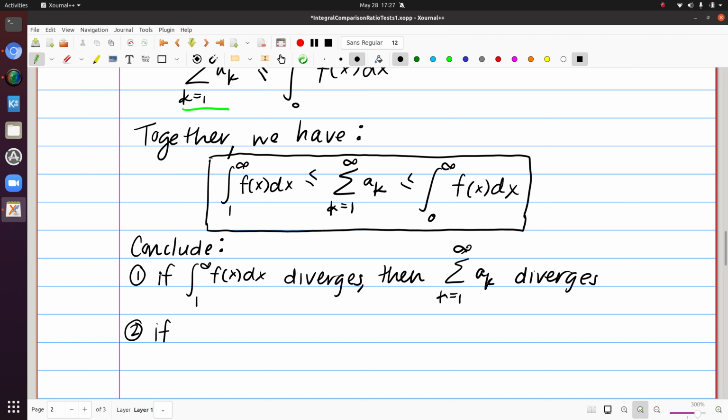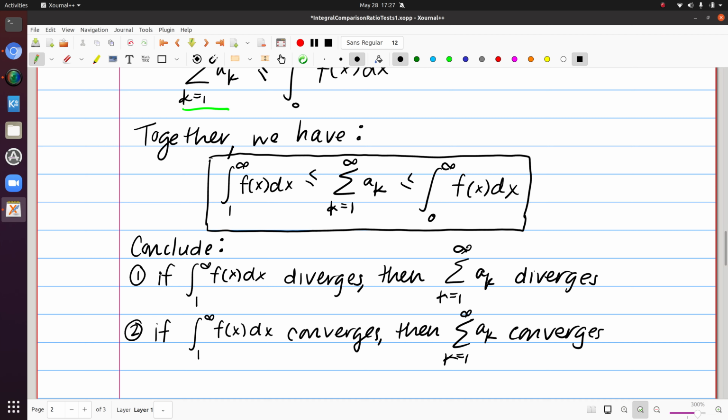The second one, which is a little bit more complicated to see, is that it also happens to be true that if the integral from 1 to infinity converges, then we can say that the sum also converges. The reason I say this one is harder to see is because if you look at my first inequality up there, all I'm saying is that the lower bound is finite and converges.